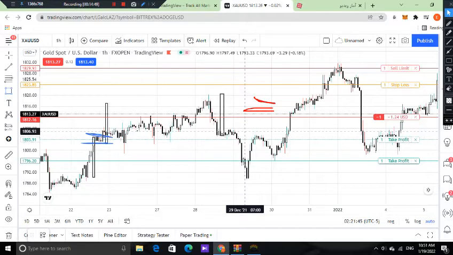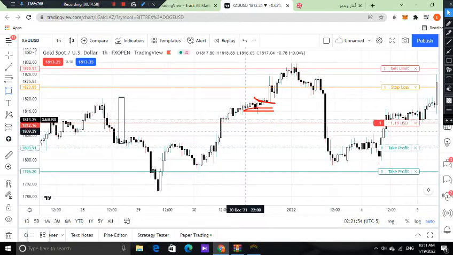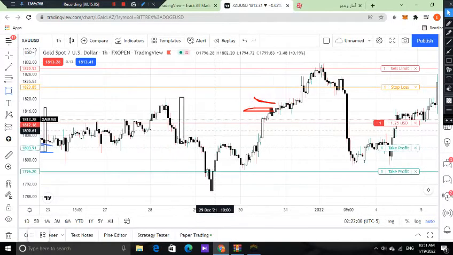It's a bearish flag and it's a bullish flag, and yes, we see a bull flag in a bullish trend, and a bear flag in a bearish trend.